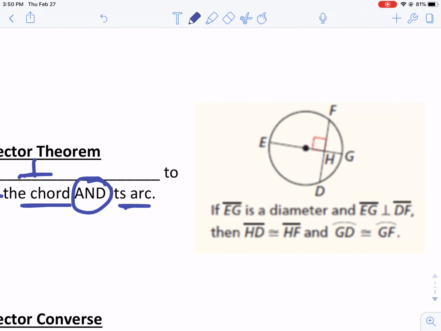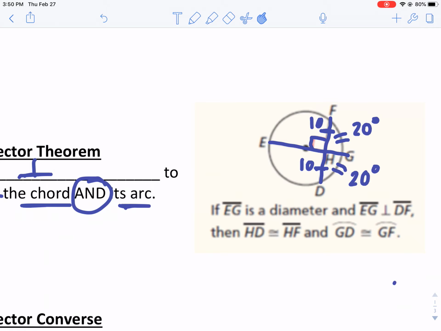So if this is the diameter and this is the chord and they intersect to make a 90-degree angle, then it's going to cut this chord in half. So if the whole thing was 20, then this side's going to be 10 and this side's going to be 10. And the arcs are going to be congruent. So if this is 20 degrees, then this arc is 20 degrees.